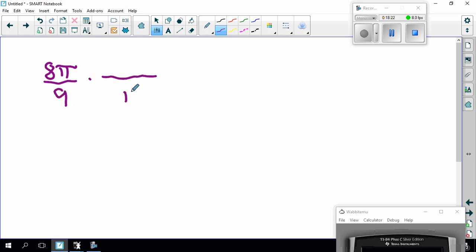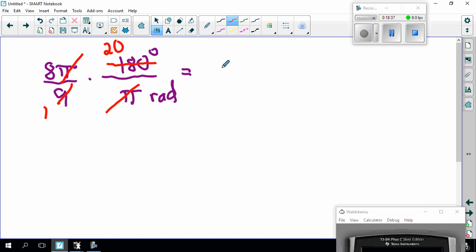I want to get rid of radians, so you put radians in the bottom, you put degrees in the top, and this is really cool. The pi's cancel. 180 is 20 times 9, and I get 160 degrees.